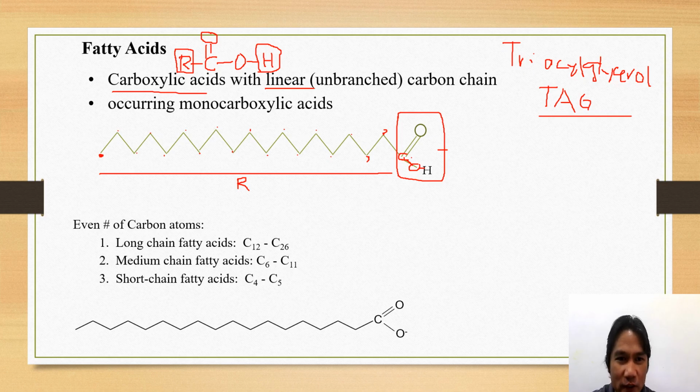Normally it is an even number, but there are some cases of odd number, though it's very uncommon. Normally they have even number of carbon atoms, and they are classified or categorized into long chain, medium chain, and short chain fatty acids.